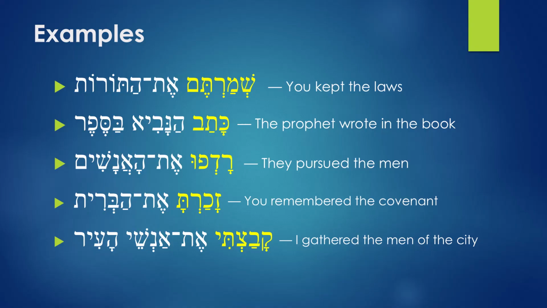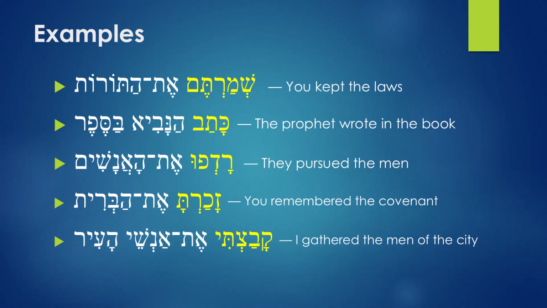Next you have kavatzti et anshei ha'ir. Kavatzti, from the verb kavatz, means he gathered. With that T suffix, it means I gathered, first common singular. What did you gather? Et is pointing to the object, et anshei ha'ir.